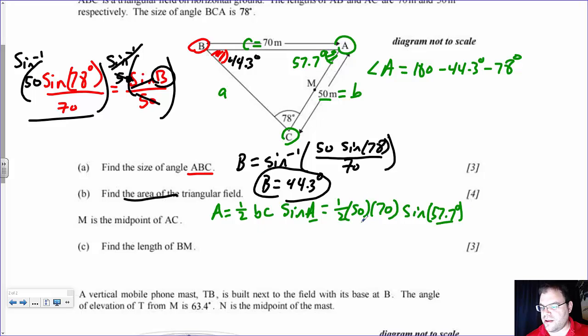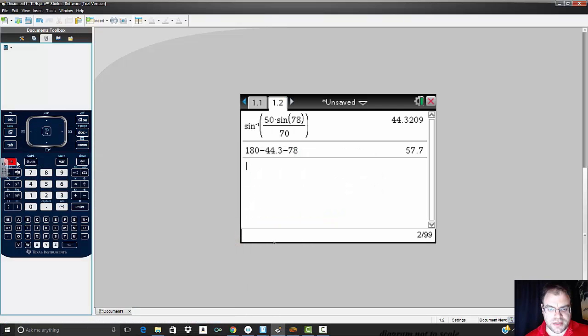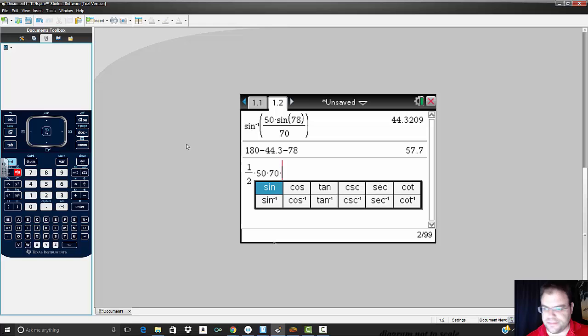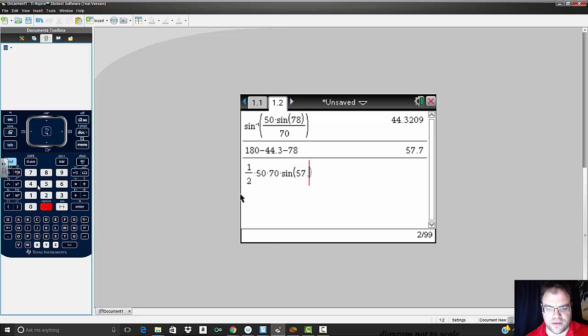So if I just type this bit right here into the calculator, it'll tell me the actual area of the triangle that I'm after, right? So let's go back to that calculator. I'm going to say control divide 1/2, times 50, times 70 times the sine of 57.7, the angle I just found, and it's equal to this.